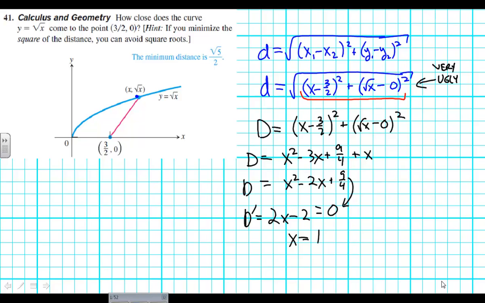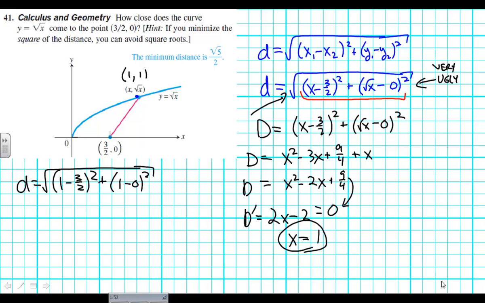All right, now, we found the x. How close does this curve come? Well, we've got the x value. We're told that x is 1. The y value would have to be 1. In order to finish the answer, we have to go back to our original equation and say, well, the distance is the square root of (1 minus 3/2) quantity squared plus (1 minus 0) quantity squared.